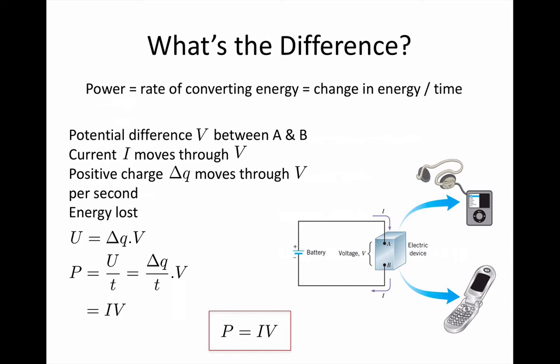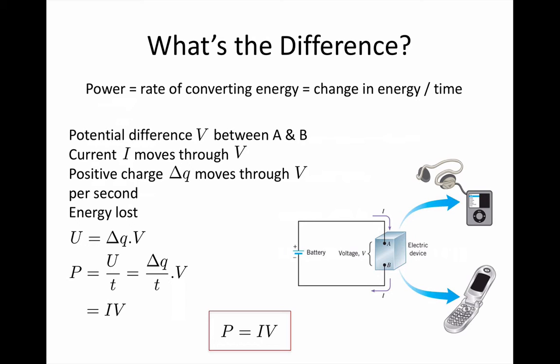Now, to derive an equation for power in terms of other circuit quantities, consider a potential difference V across a resistor, that device from A to B there, that has a current I flowing through it. That means an amount of charge, delta Q, is passing through that block, the electrical device, per second.